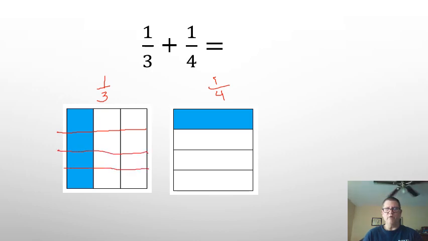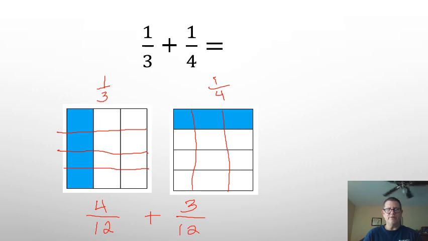Then I'm coming to my 1/4, and I'm going to have to create thirds on this one. And if you notice, it sets up exactly the same array in both models. In the first one, I can see that I have 4 shaded out of a total of 4 times 3 is 12. So I know that 1/3 is equivalent to 4/12. And we want to add that to 3 shaded out of a total of 12.